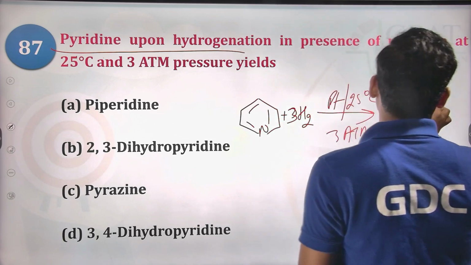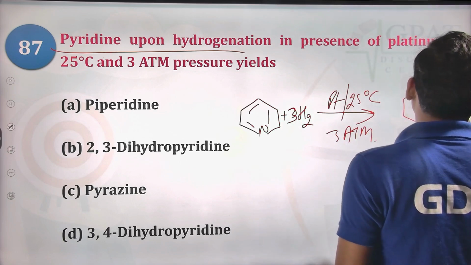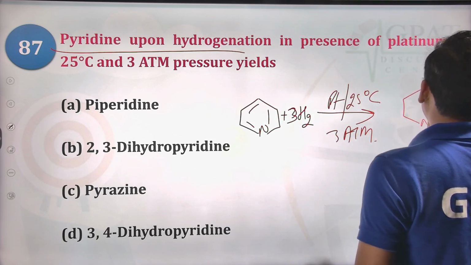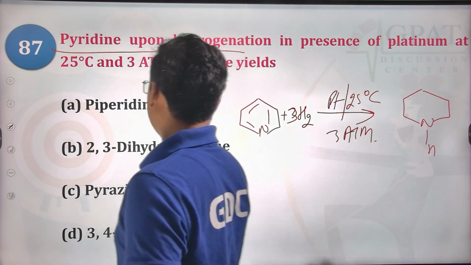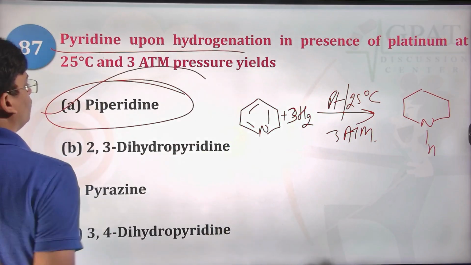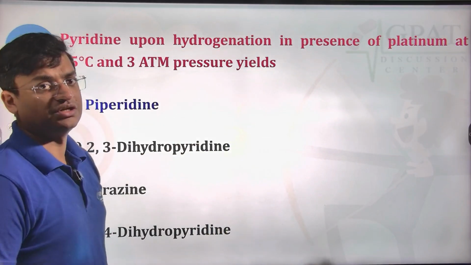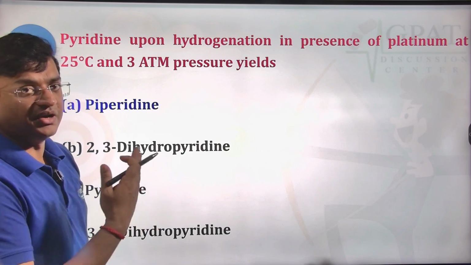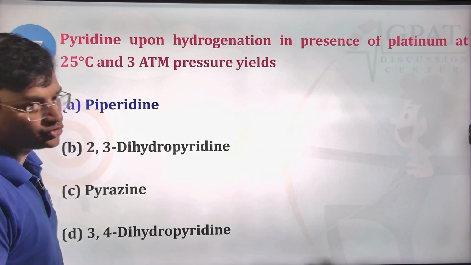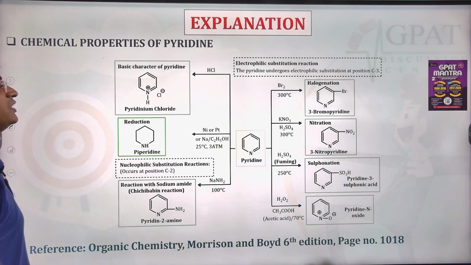So when we react this, we end up getting piperidine. So this is a hydrogenation reaction of pyridine in which pyridine is converted into piperidine, the saturated form of our pyridine. So this will be the right answer.